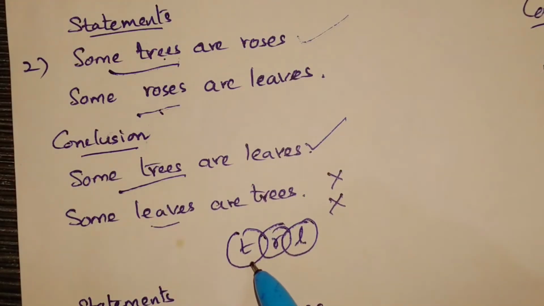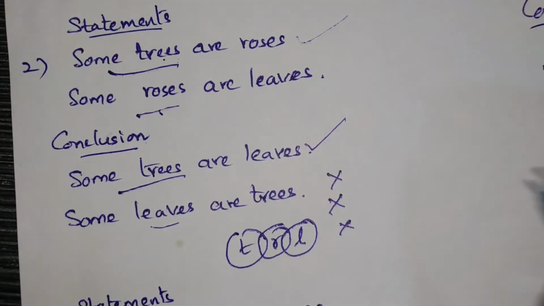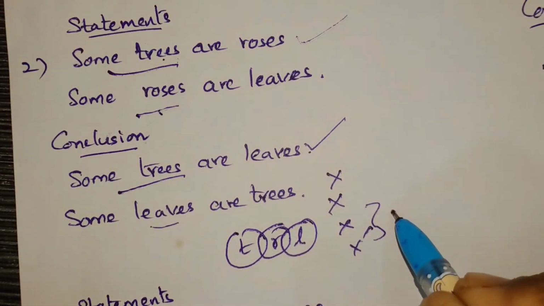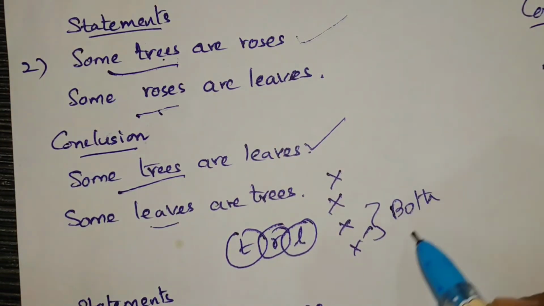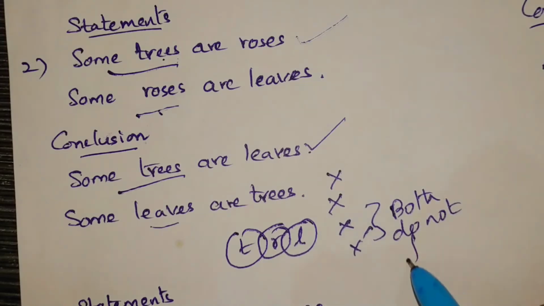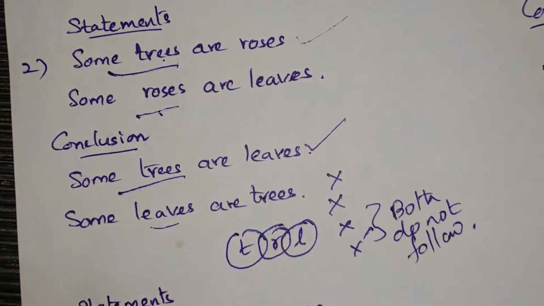Some trees are leaves does not follow. In the same way, some leaves are trees, some trees are leaves: both do not follow.